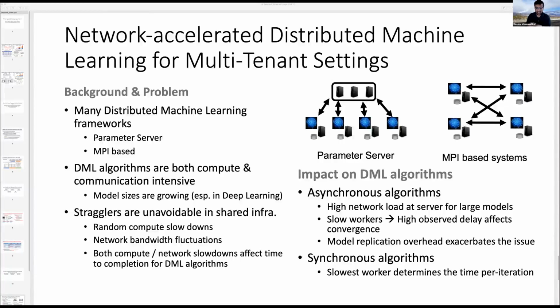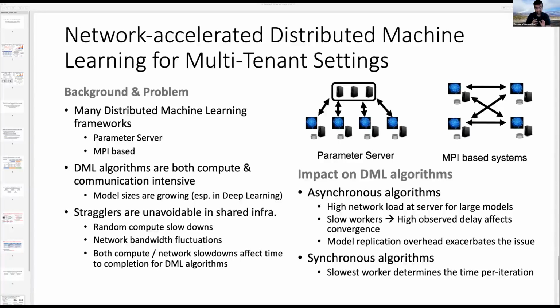The other thing to note is that because these model sizes are large, and every node in an MPI-based system has the model and has to do the all reduce, the all reduce operation is also heavily communication intensive. Even though you have 10, 40, 100 Gbps network links, they still take a significant amount of time, a few hundred milliseconds, to exchange all the gradients and update the model locally.